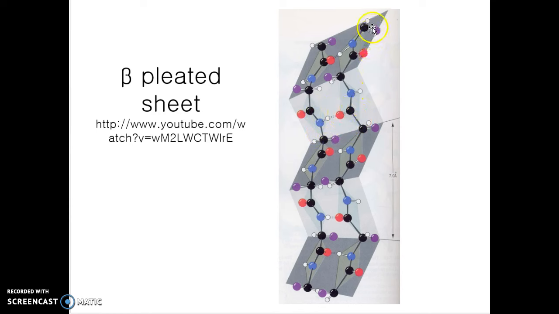Main chains, they are just making, as you see here, some pleat shape. A peptide bond in one strand and a peptide bond in another strand, they are making planes.